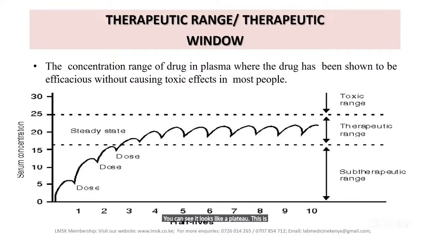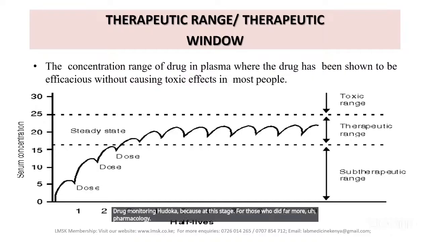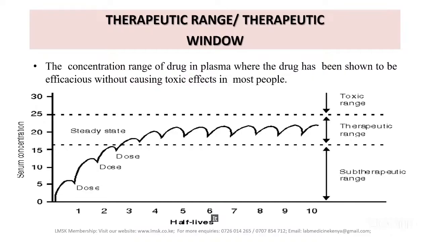This is the time when drug monitoring should occur, because at this state, for those who did pharmacology, it has undergone absorption and distribution. And therefore, the drug is producing its effects in the tissues or in cells.